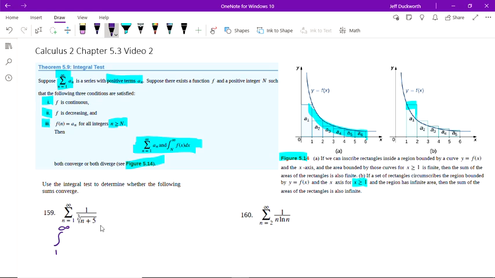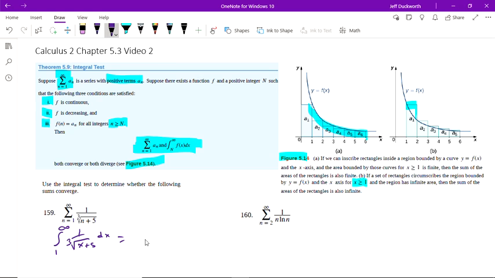We're using 1 to begin with. 1 over the cube root of n plus 5 dx. Well, it's not n. We have to change that to x, don't we? So x plus 5. Because we're going to compare this integral to our sum.